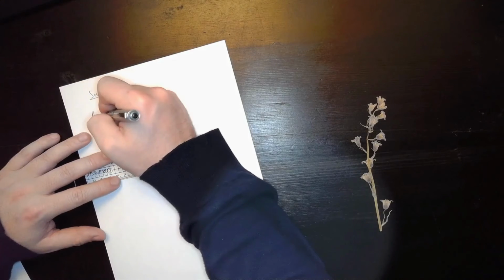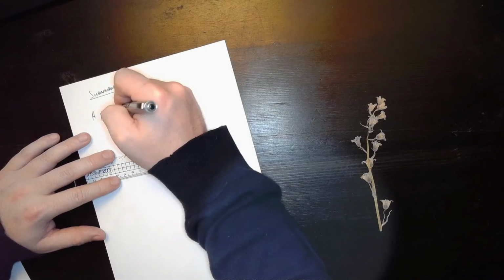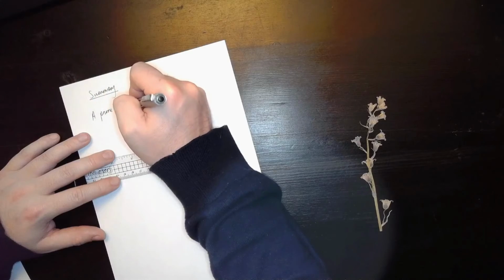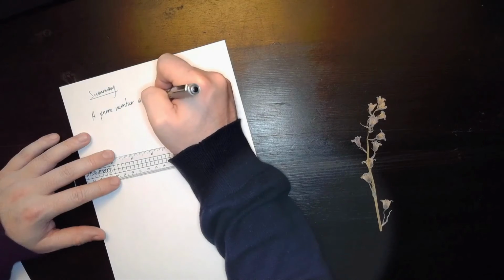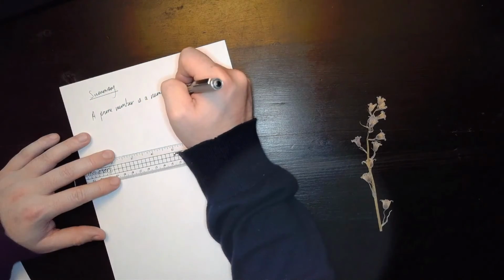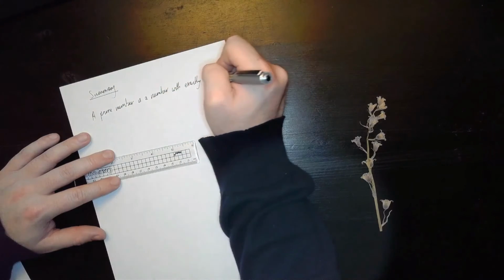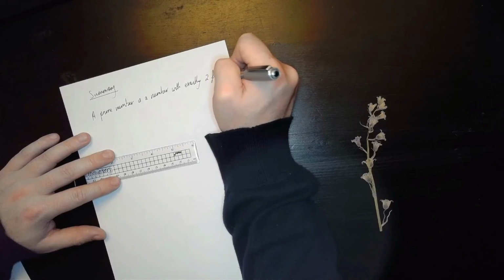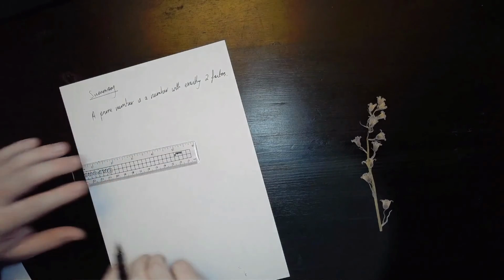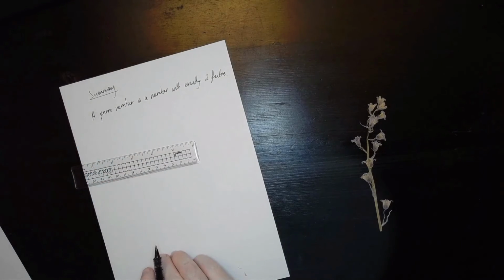So a prime number is a number with exactly 2 factors. So an example of a prime number is the number 7. The only 2 factors that go into 7 are 1 and 7.